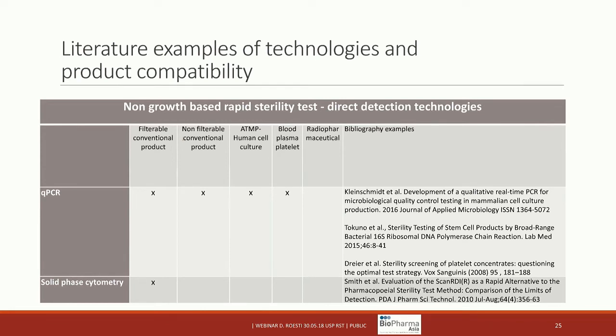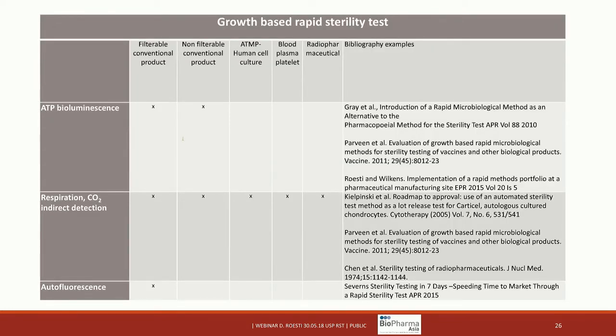So I compiled here a few examples from the scientific literature on the compatibility of different technologies with different product categories. So in this table, you have direct detection methods. Interestingly, the qPCR can detect microorganisms in a wide range of products as compared to flow cytometry, for instance. Then on the growth-based methods, you have different kinds of detection systems.